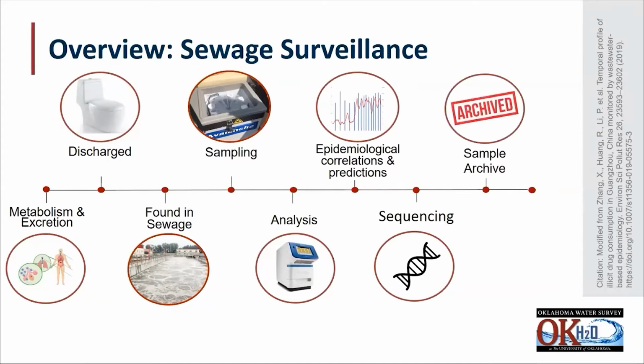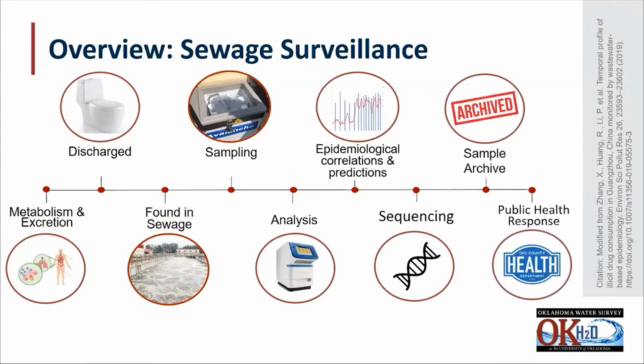This is really important, especially with SARS-CoV-2, because the science has advanced so quickly. In 6 months, there could be a whole new thing coming out that we can go back and look at and gain more valuable information. And then from there, communicating it to the public health officials and getting the public health response. So as I mentioned, this entire thing is happening within 1.5 days or 2 days.